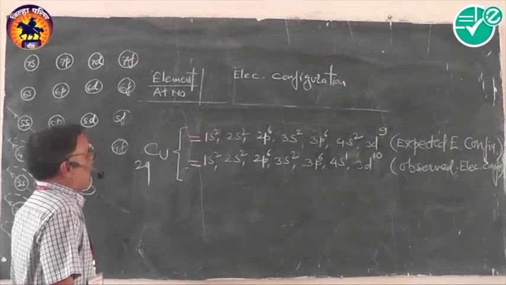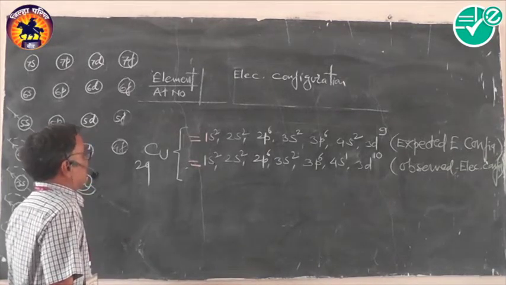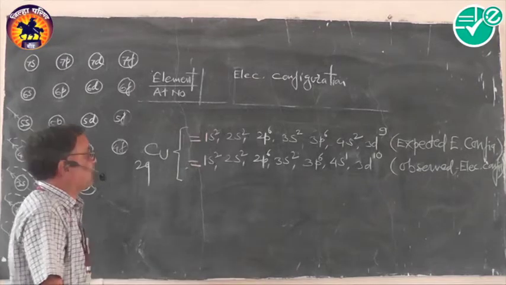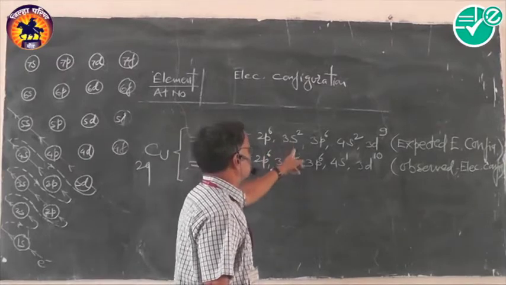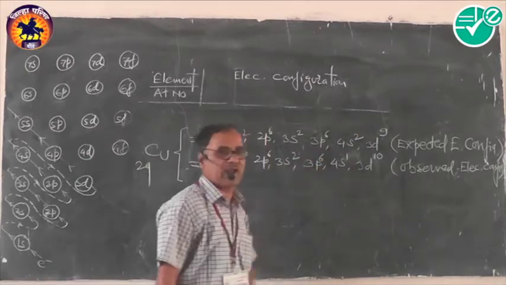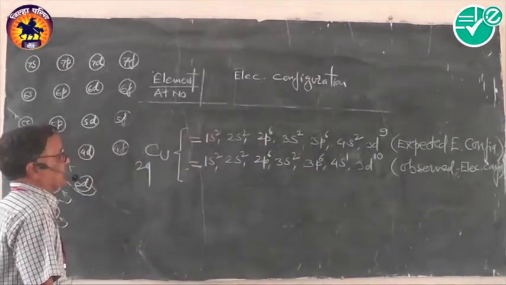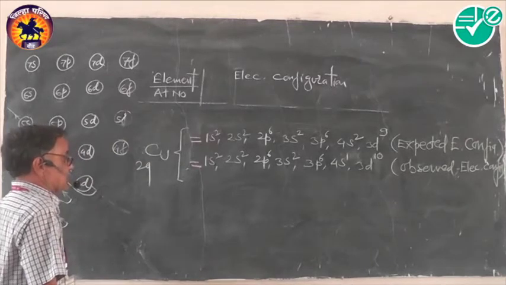On the basis of the above principle, the normal electronic configuration of copper can be written as 1s2, 2s2, 2p6, 3s2, 3p6, 4s2 and 3d9. That is the expected electronic configuration.